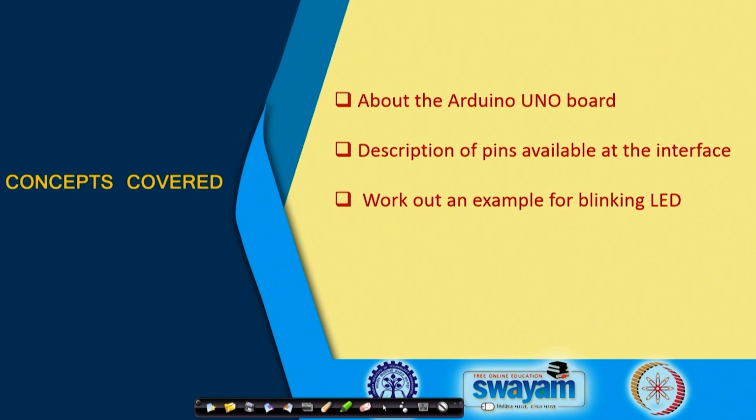Although in this experiment I will not interface it, in subsequent slides you will find how we interface it with the board. Today in this lecture I will be specifically showing you the steps that are required to use the Arduino Uno board.